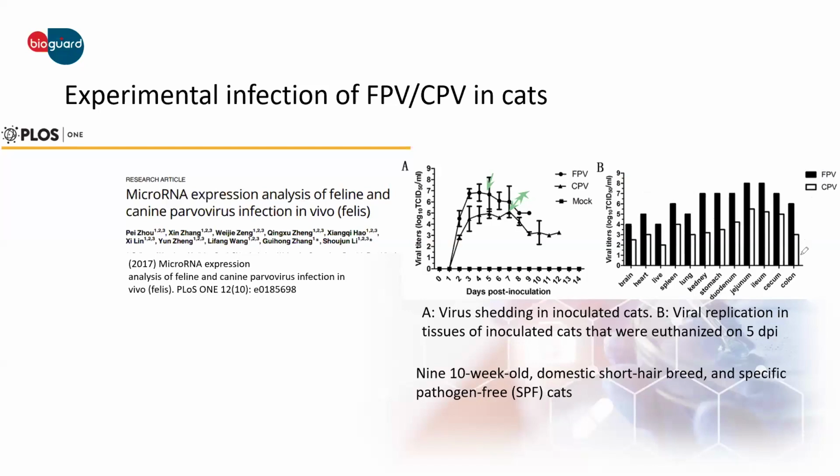Since the cat is older than 6 weeks, they didn't check the cerebrum. They only checked the brain, and the virus titer in the brain may be a little bit lower compared to cats infected at a younger age.